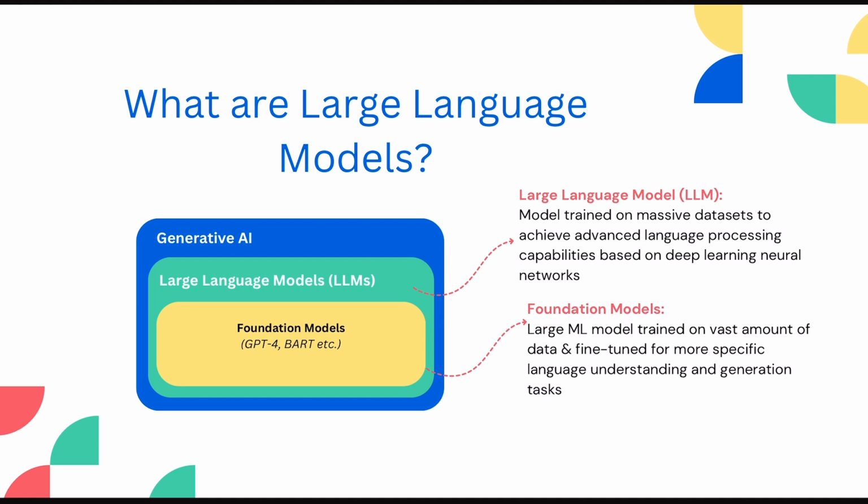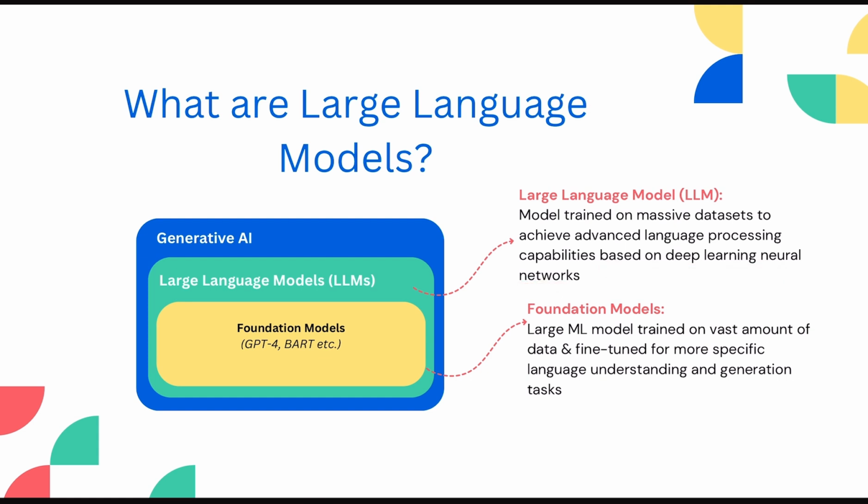So, in summary, foundation models like GPT-4 or BART are basically language models, large language models, trained on massive data sets to achieve advanced language processing capabilities based on deep learning neural networks.